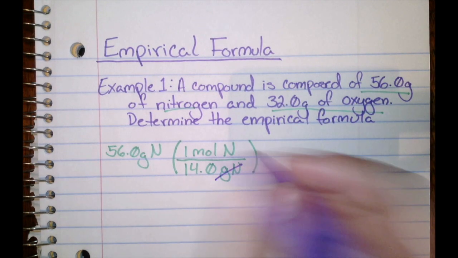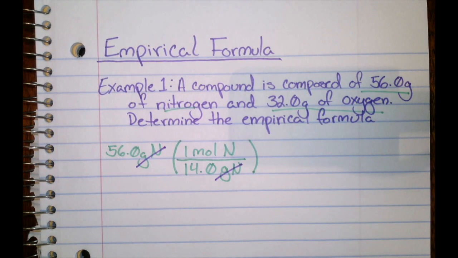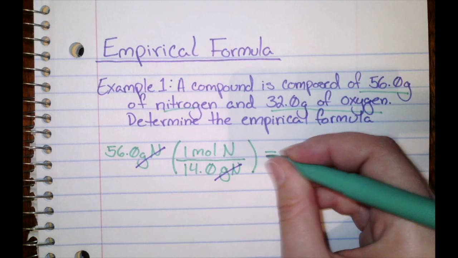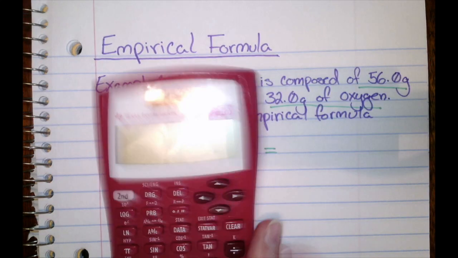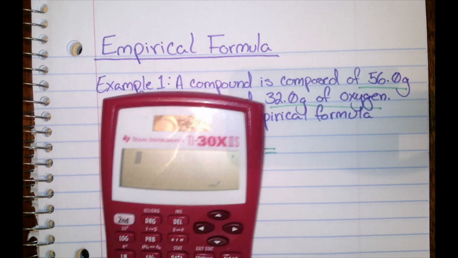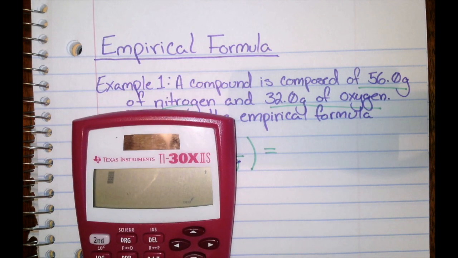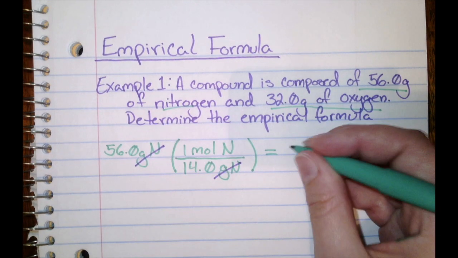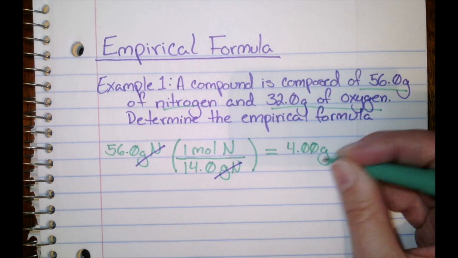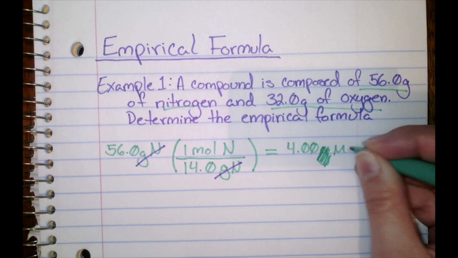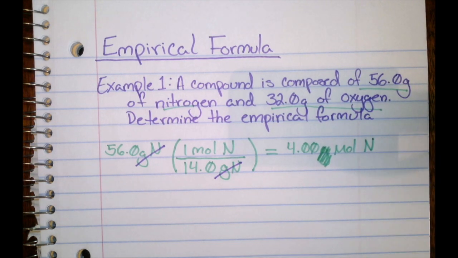Now we can see that my grams of nitrogen cancel, and I'm left with moles of nitrogen. And when we do 56 divided by 14, we get 4. So I have 4.00, not grams, moles of nitrogen.